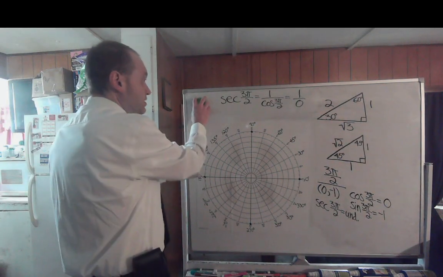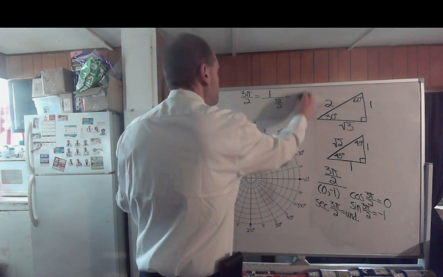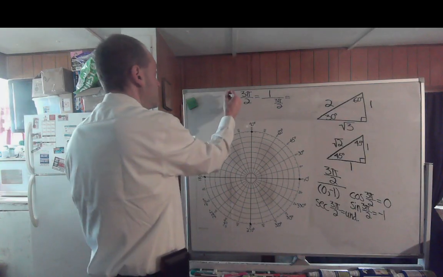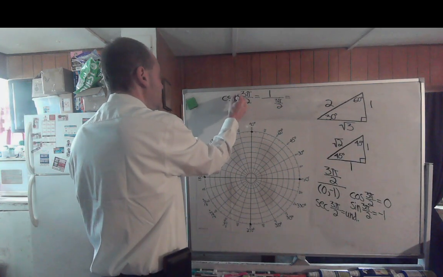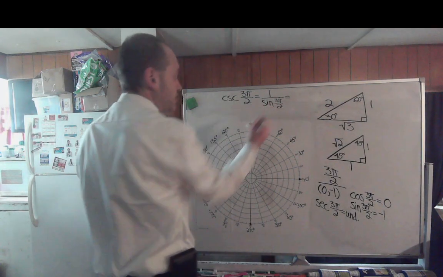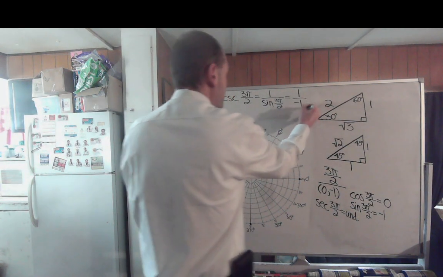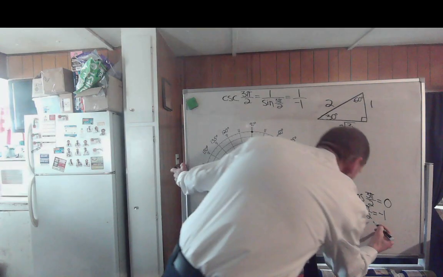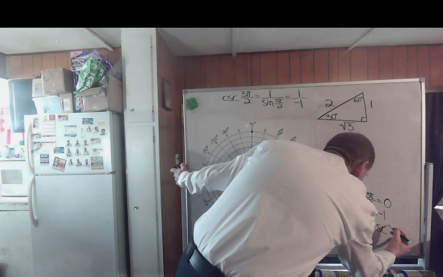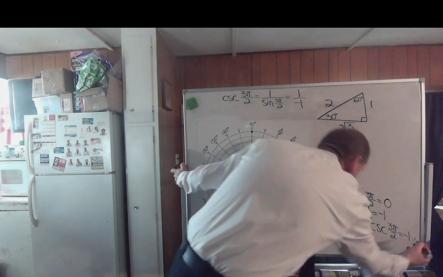Now we can deal with the cosecant. So the cosecant of 3 pi over 2, that's the same as 1 divided by the sine of 3 pi over 2, which would give you 1 divided by -1, or simply -1. So the cosecant at 3 pi over 2 also would be -1.